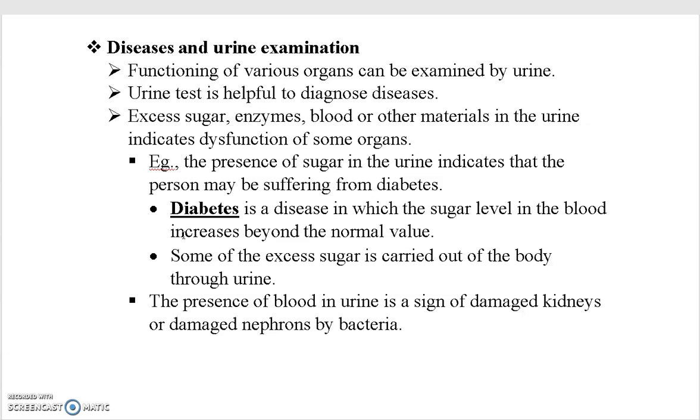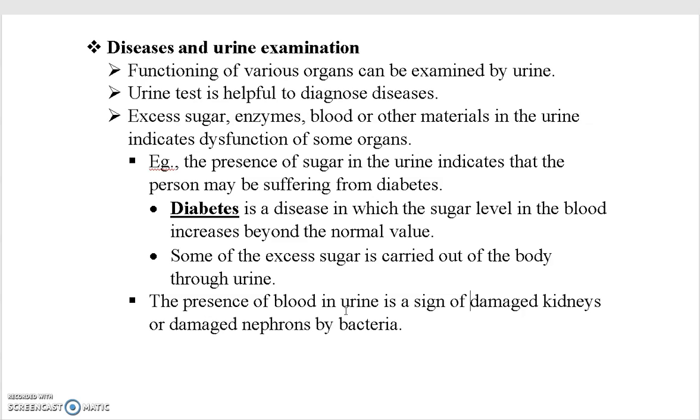Only this waste material goes out of the body, not the blood. The pure blood goes back to the body. But if there is presence of blood in the urine, then it's a sign of damaged kidneys, or maybe nephrons damaged by some bacterial attack.